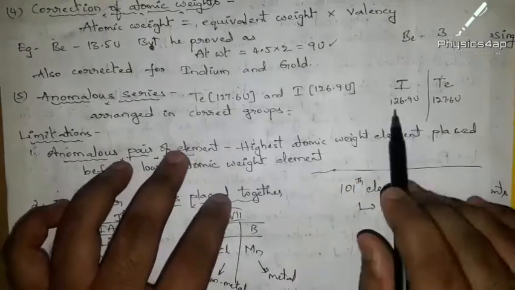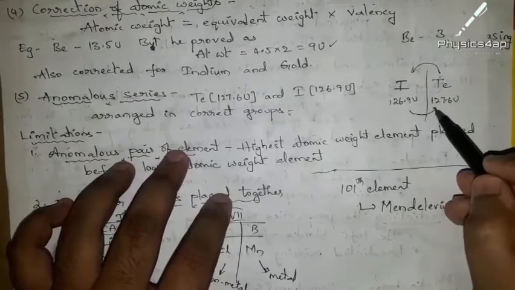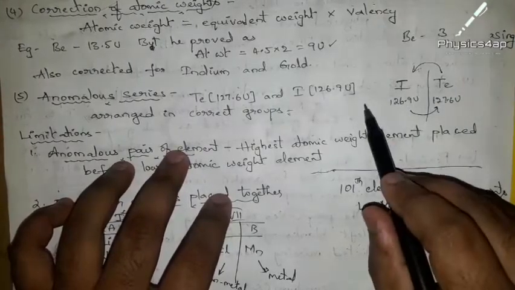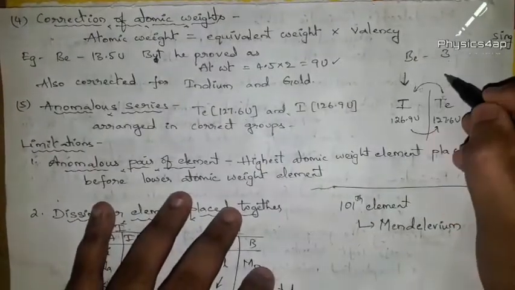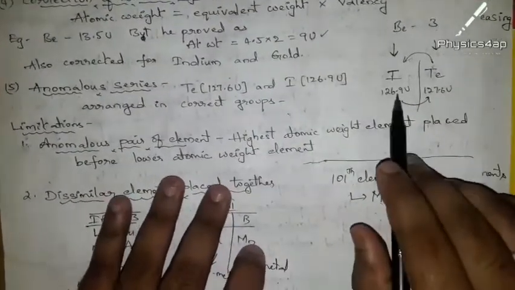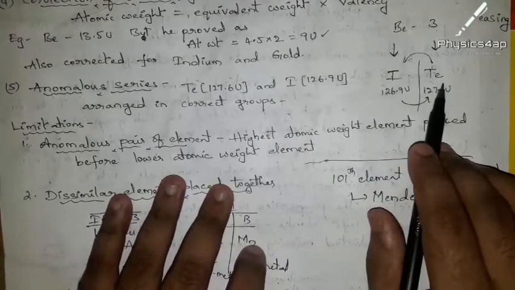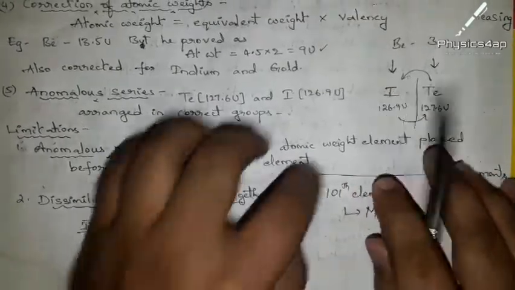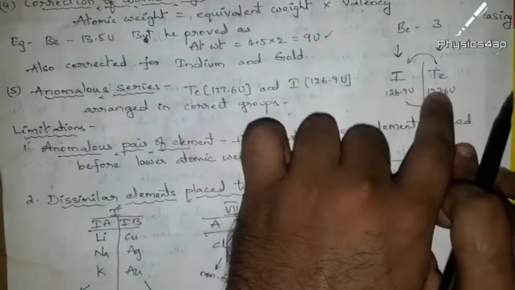What he did was replace tellurium and iodine. As he replaced them, the physical and chemical properties matched what was expected in that group. Before, iodine and tellurium were kept in this way, so the physical and chemical properties along the group were quite different compared to iodine, and the same for tellurium.